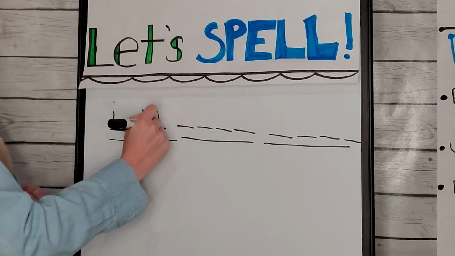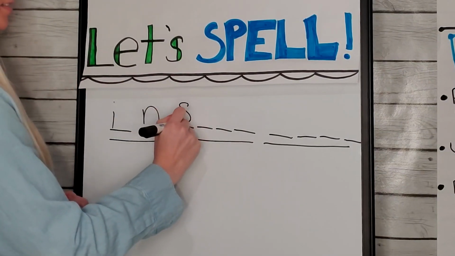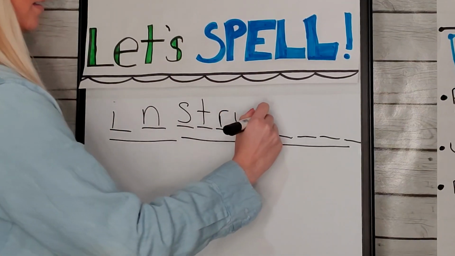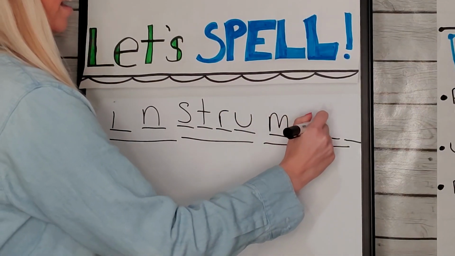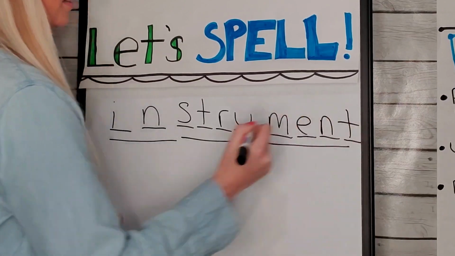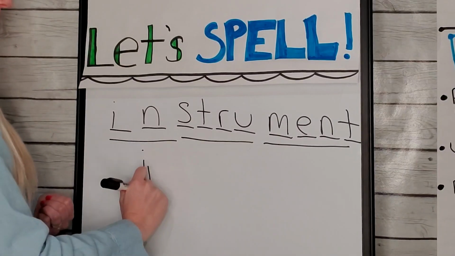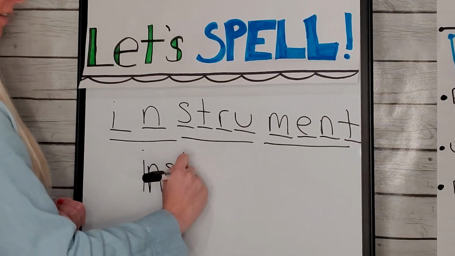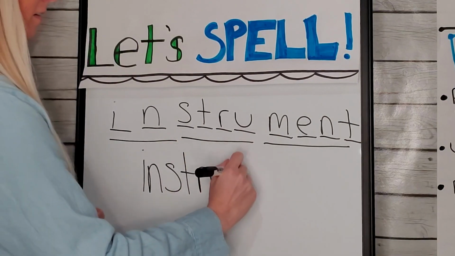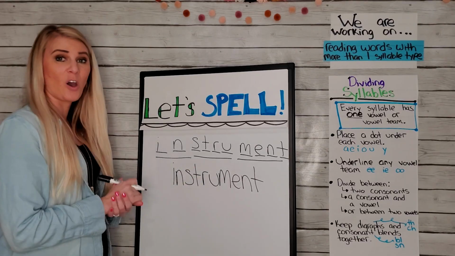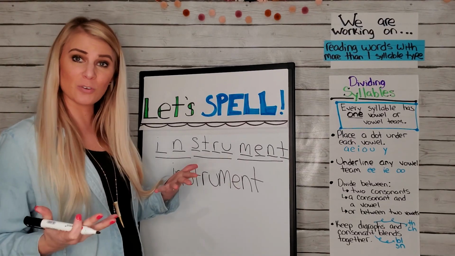E, n, s, t, a, m, e, n, t. When I put all of these word parts together, I've built the word instrument. My daughter plays the instrument, the drums.